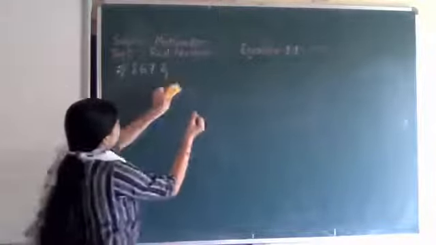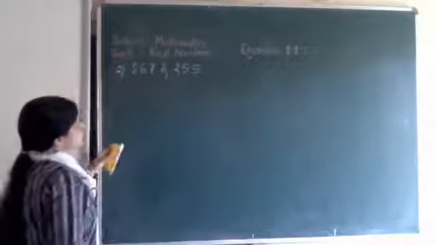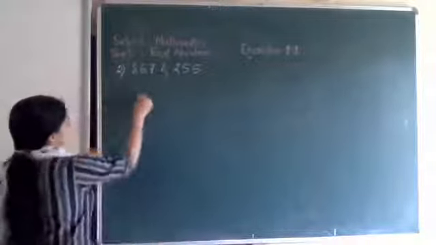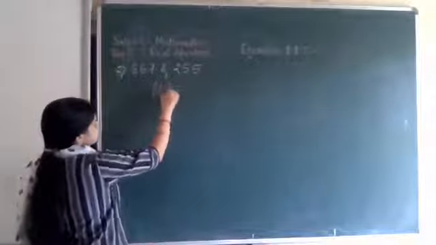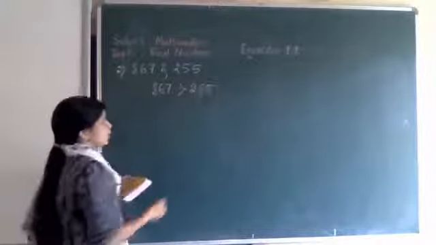867 and 255. First we will write 867 is greater than 255.